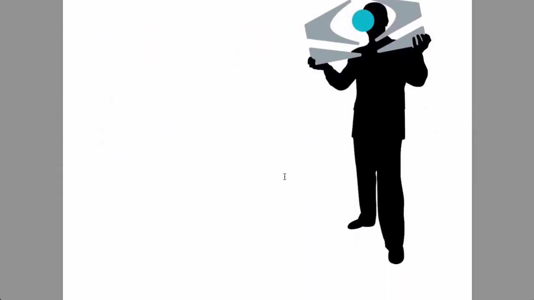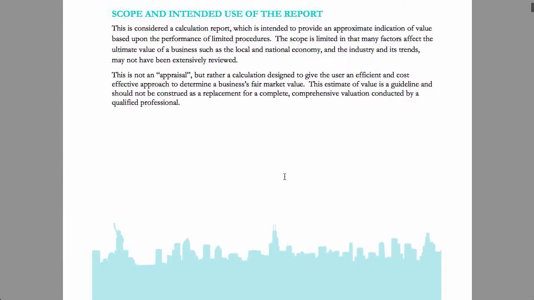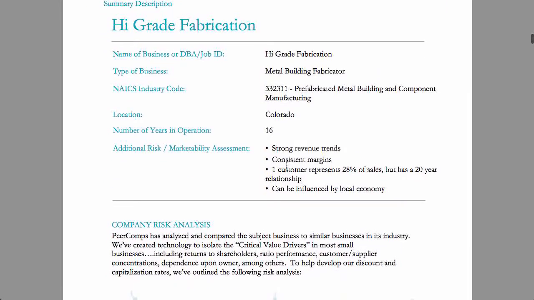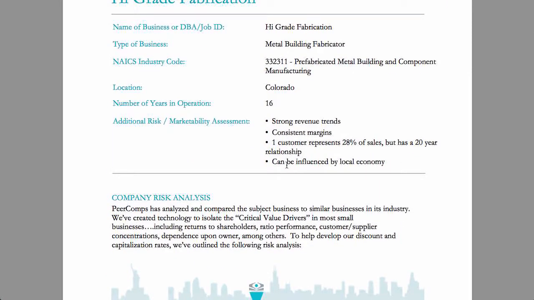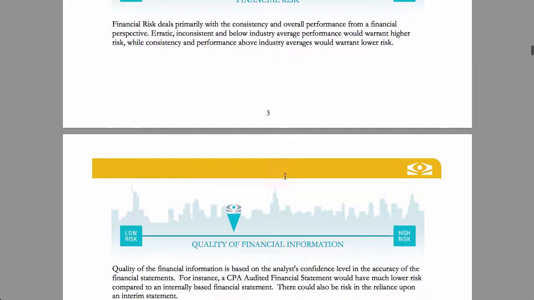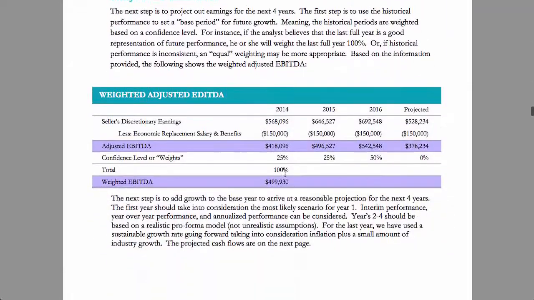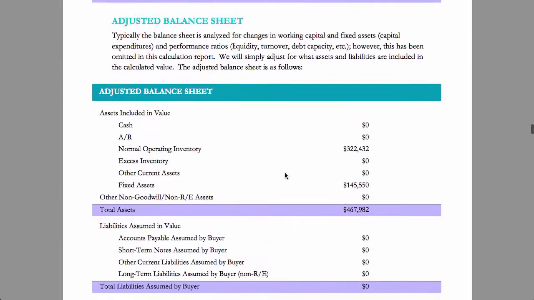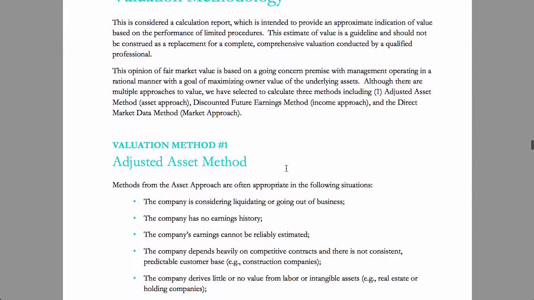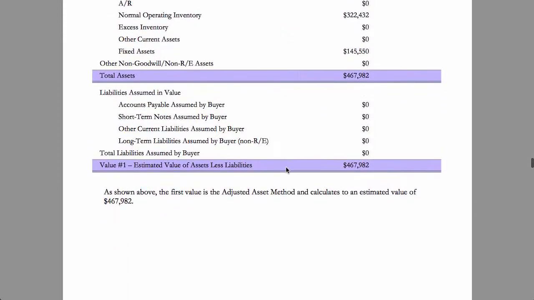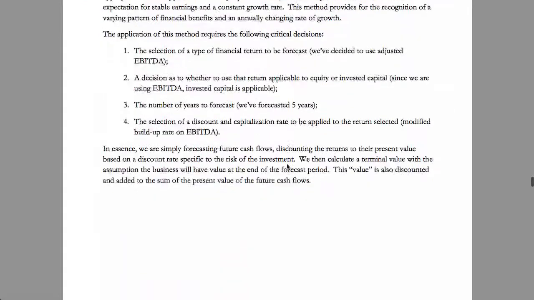And the report itself discusses the purpose, the key terms and definitions, the information about the company that you put into step one, which is the setup page, the risk section, as well as the financial section. You work your way through the financial section to the valuation section, and each method is clearly defined and explained and works through the calculations.